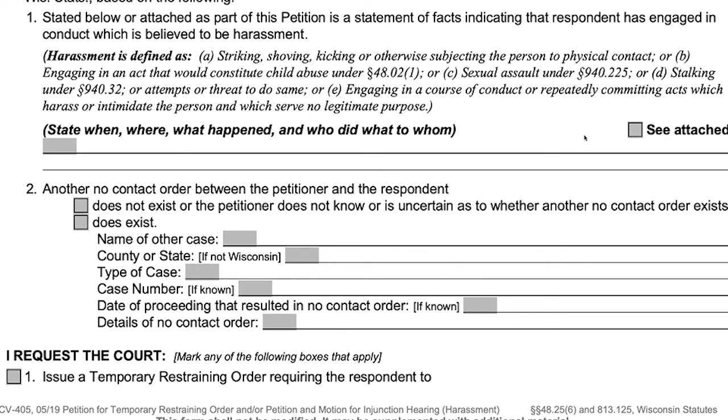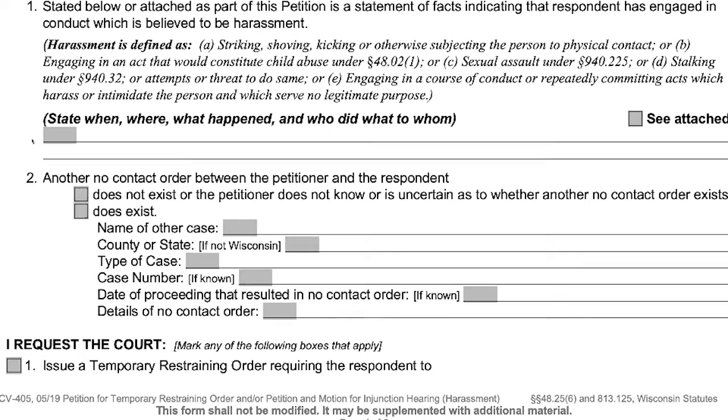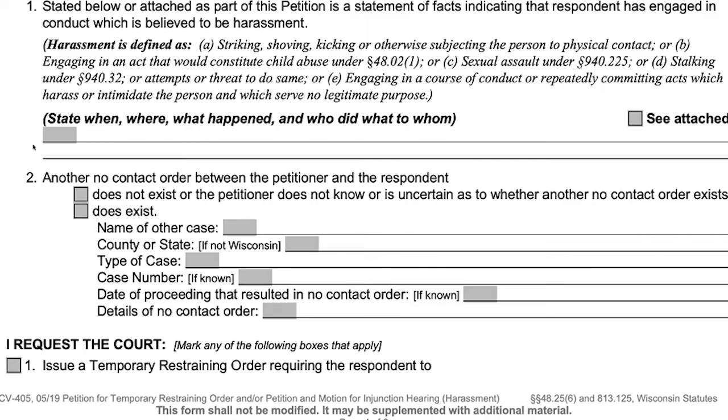What I would do if I have more than 2 very short lines to say when I'm giving the court the statement of facts is I click C attached. And then to keep things organized, because it's probably going to be more than one attachment, I would say on this line something like C attachment 1, statement of facts. Just to keep everything organized so that when people are trying to refer to what you state in your petition, everybody can find it.